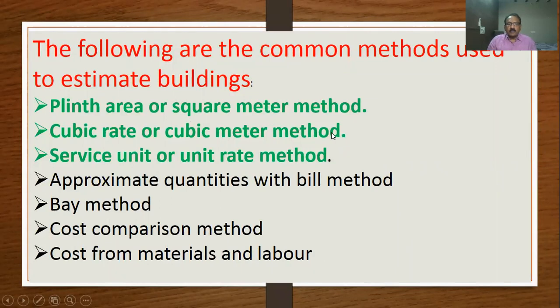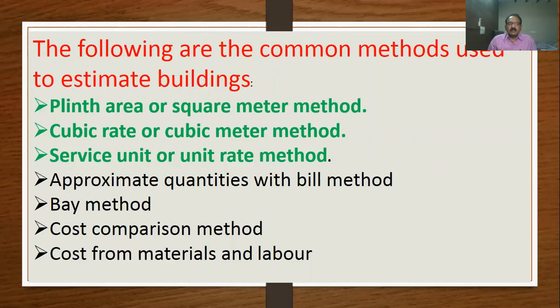The following are common methods used to estimate buildings. First one is plinth area or square meter method. Plinth area is measured in square meters. So what is the cost per square meter? Similarly, cubic rate, cubic meter method. We'll see some examples also.